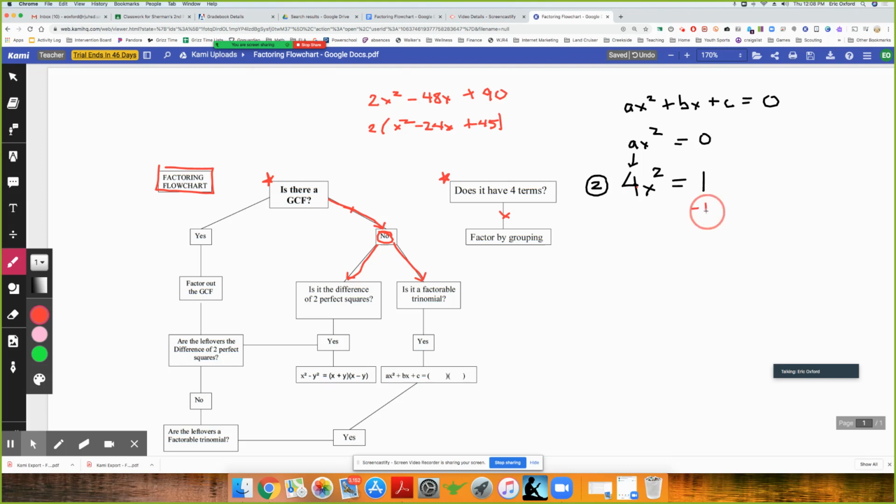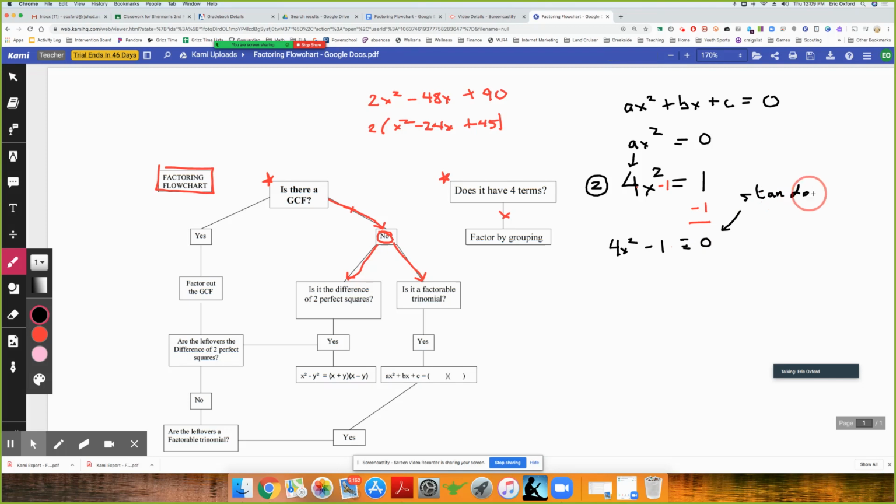So I would subtract 1 on both sides of the equation. And over here, 1 minus 1 would be 0. And I would wind up with 4x squared minus 1 equals 0. So that's considered standard form.